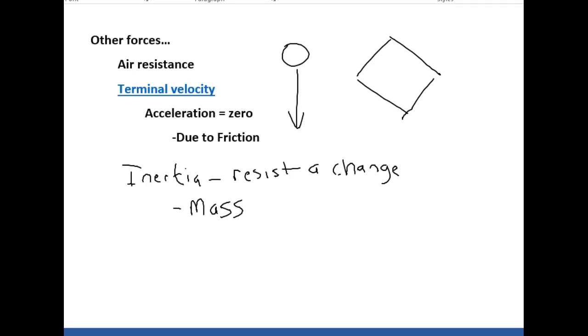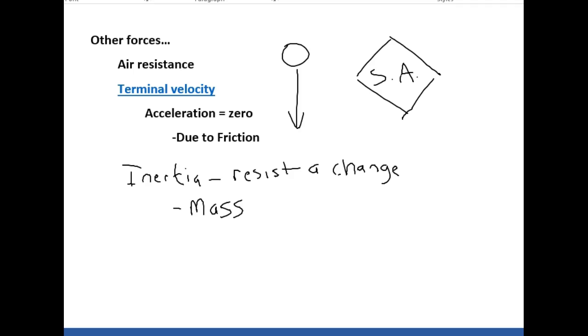If the piece of paper is flat, it has more surface area, SA, and that causes more resistance, and that causes it to slow down by a greater amount. And that can also play into the car and other things as well. So that kind of explains some of that behavior. So air resistance does play a factor. The more aerodynamic something is, the less likely it is to be slowed down as much.